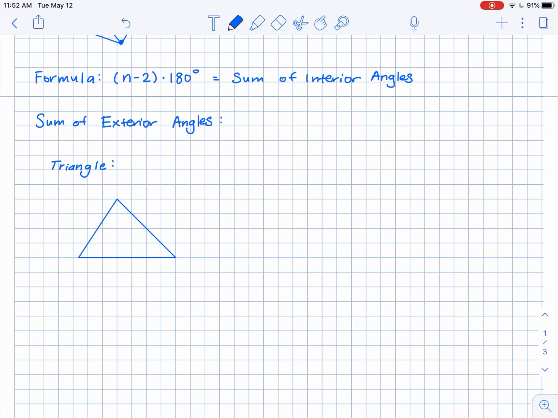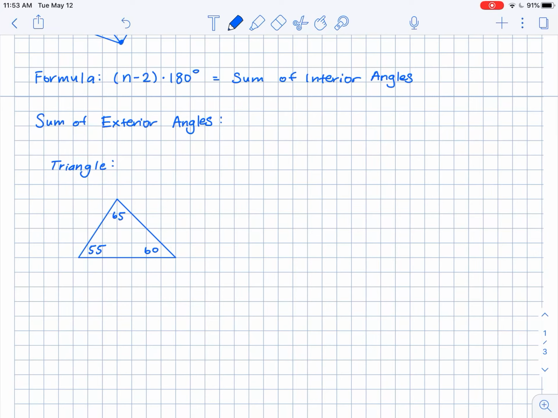Okay, so let's say we have this. Let's just make something up. Let's make this one 65, 55, and 60. Okay, so we have three angles here that add up to 180 degrees.